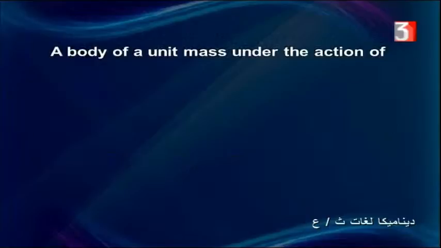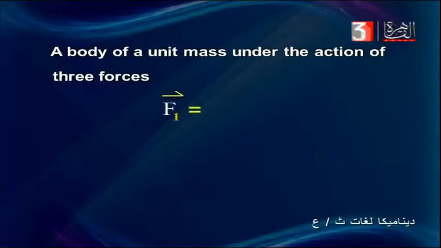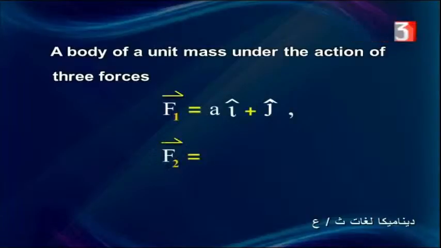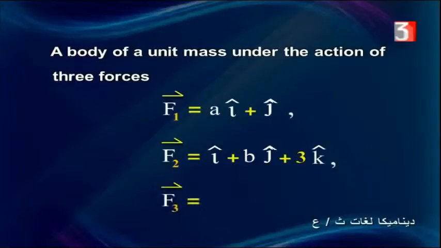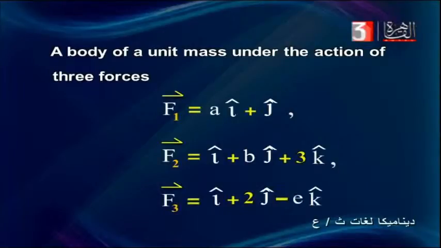Another example. A body of unit mass under the action of three forces. F1 vector equals A i vector plus j vector, and F2 vector equals i vector plus B j vector plus 3k vector, and F3 equals i vector plus 2j vector minus E k vector.